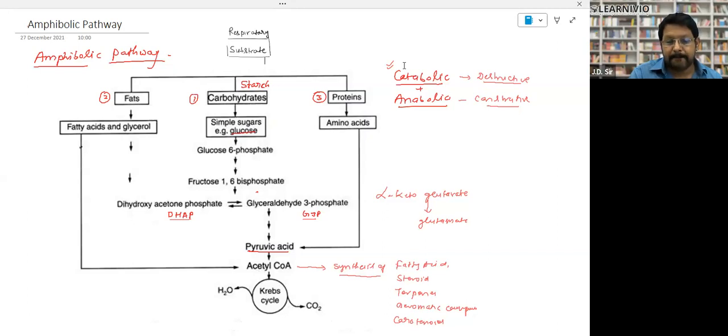Many of them are raw material for building up both primary and secondary metabolites. Full stop.